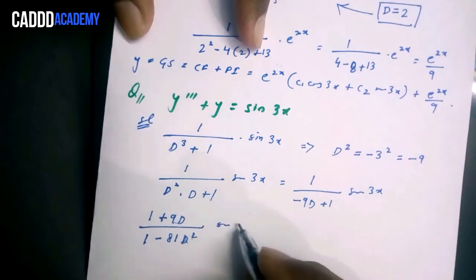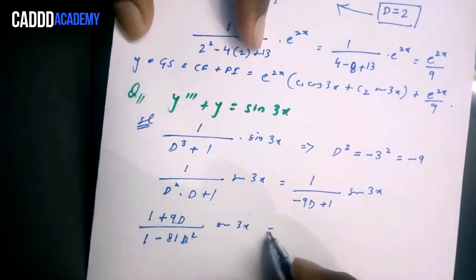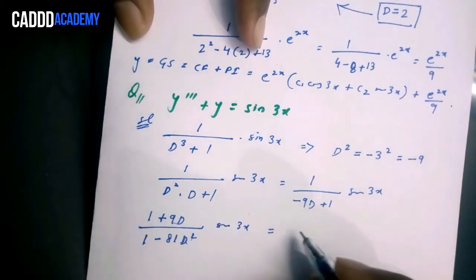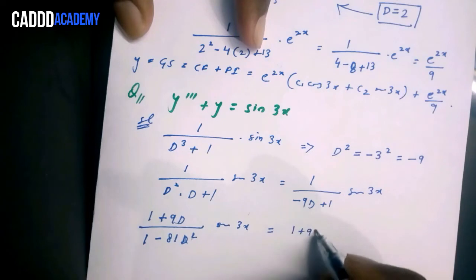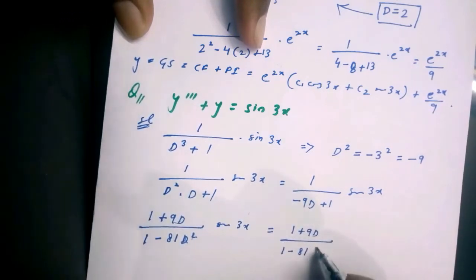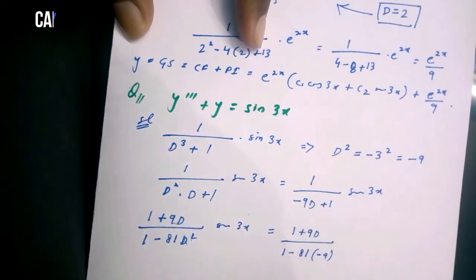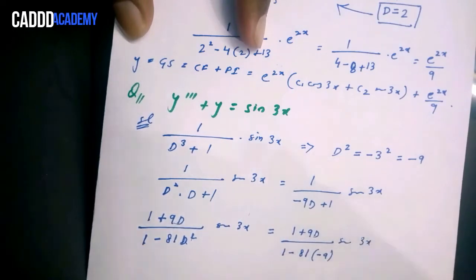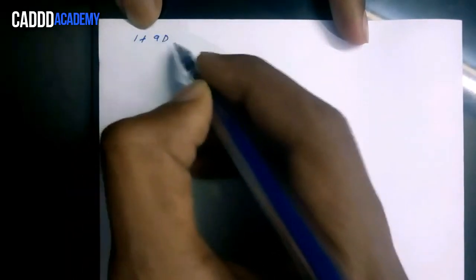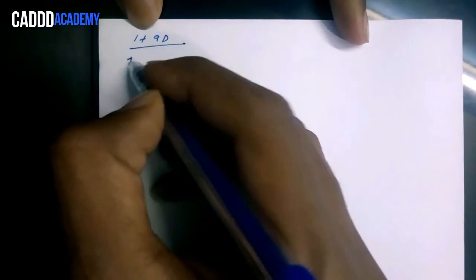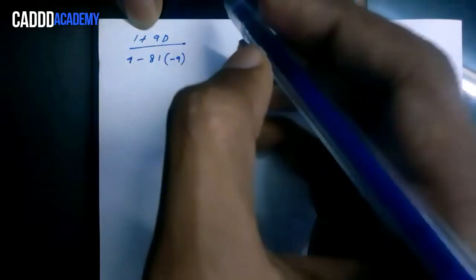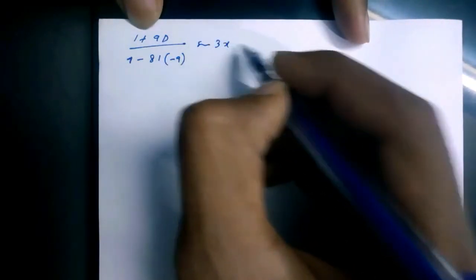So we get this, and again we put D square as minus 9, which will be 1 plus 9D by 1 minus 81 into minus 9, into sin 3x. Rewriting the same expression again: 1 plus 9D by 1 minus 81 into minus 9, into sin 3x.